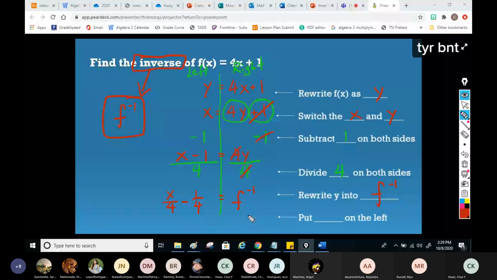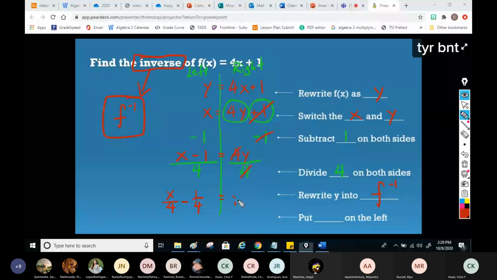All right, a lot of students overthink it: what is the f with the tiny -1, why do we use f, why don't we use x, or the letter v, or whatever. Don't try to think about it. You've got to understand this is the symbol. It is the same as saying the word inverse.